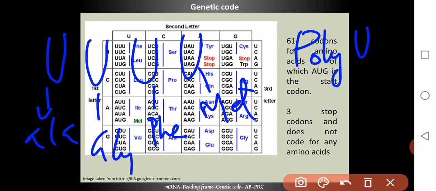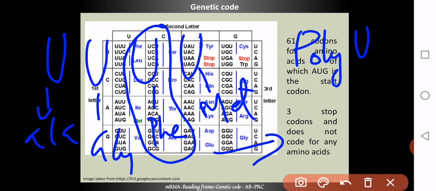After translation, they found that this poly-U mRNA acted as a template for translation of a protein chain which contains only phenylalanine. That means there was protein synthesis only in this particular test tube, and that test tube contains a protein having polyphenylalanine.